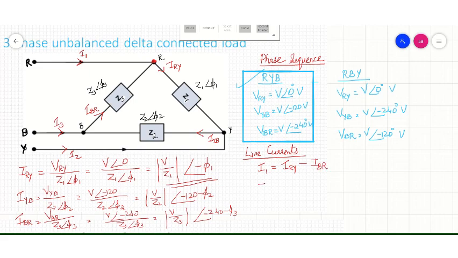Similarly, if we apply Kirchhoff's current law to terminal Y, we will get the expression for I2 as I2 equal to IYB minus IRY.